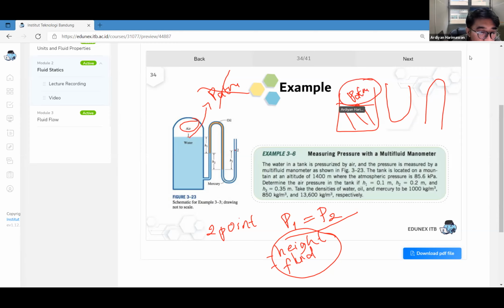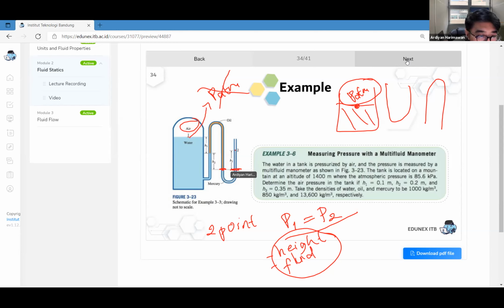But if the tank is closed and you have air inside the tank, the pressure at this point is not atmospheric. That you need to understand. Okay, so by the concept, at any 2 points, you will have the same pressure if you have the same head and the same fluid. The 2 points that have the same pressure would be this one and this one.